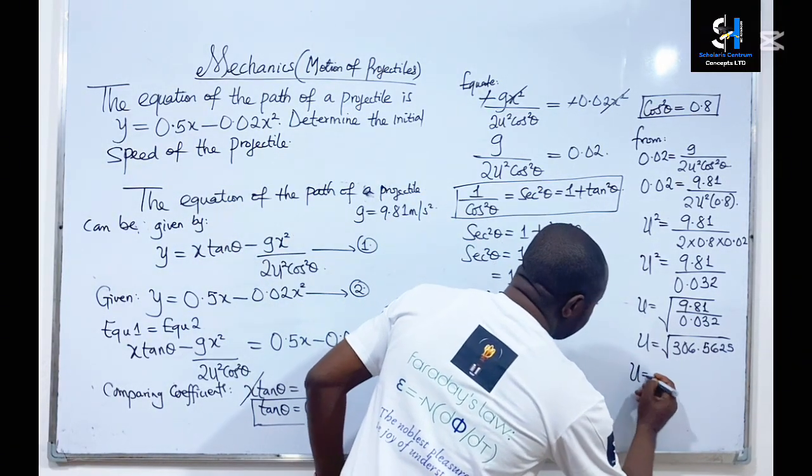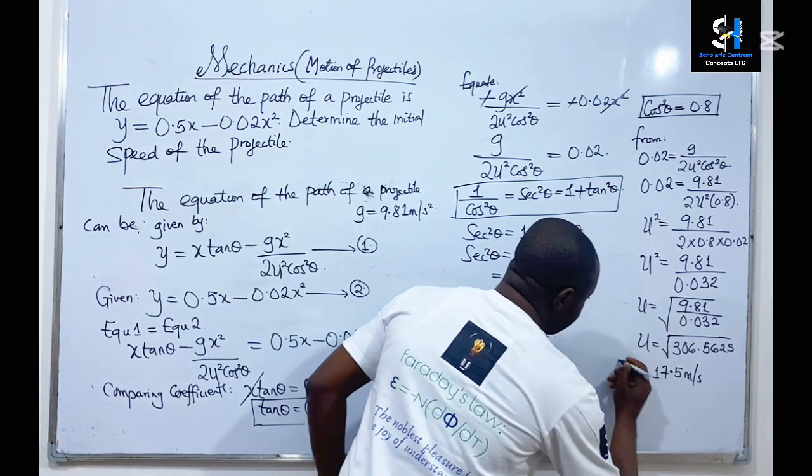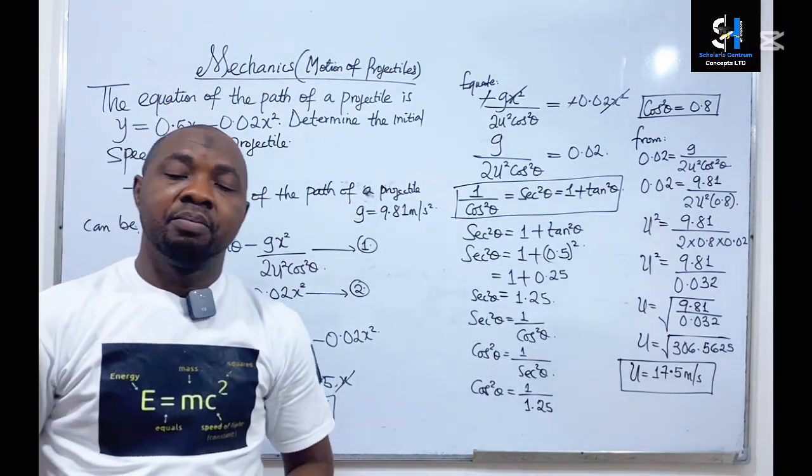So the initial speed is 17.5 meters per second. This is the initial speed of the projectile particle.